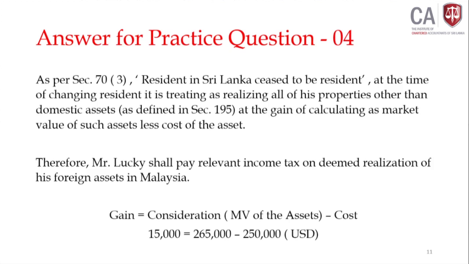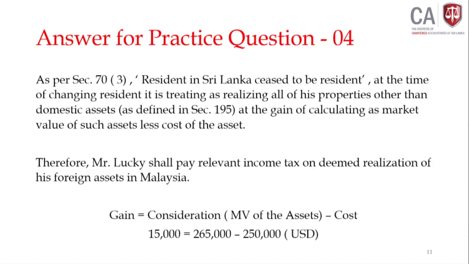Then there is a gain of US dollars 15,000. This is the implication. Okay. I have taken these two examples based on the quantitative factor of section 69 to explain what the tax implication is and how excluding the domestic asset can happen.